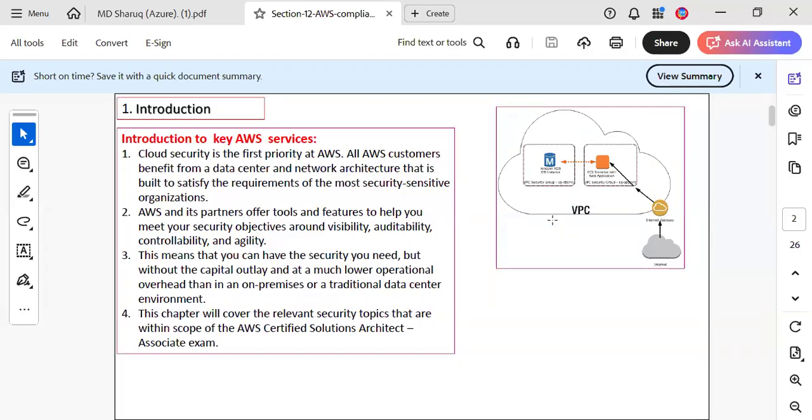With EC2 you can create virtual machines like Linux server, Windows server. All those are sitting there within the network. There is a network which is called virtual private network. We saw in the introduction about AWS services. So all these are sitting in the data center setup, built to satisfy the requirements of most security sensitive organizations.